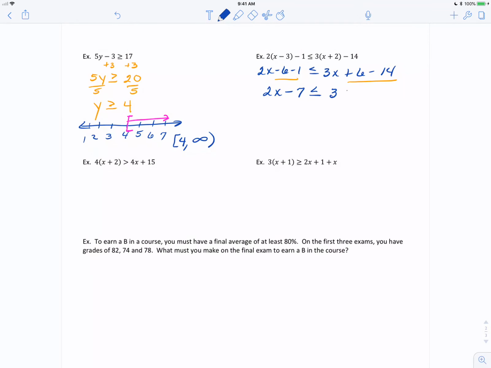So we have 3x minus -8. Minus a -8. So remember that would really make that a positive then, because negative times a negative there makes that +8. Okay, so we're subtracting 3x from both sides.